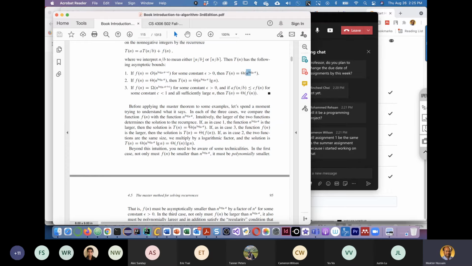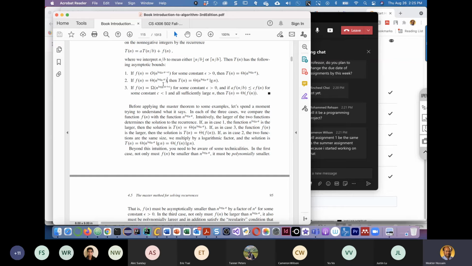And in the second case, if they are equal, that means epsilon equals 0. Yeah, right. It's epsilon equals 0 over here.